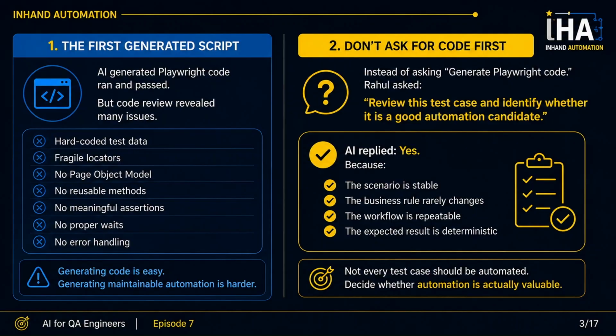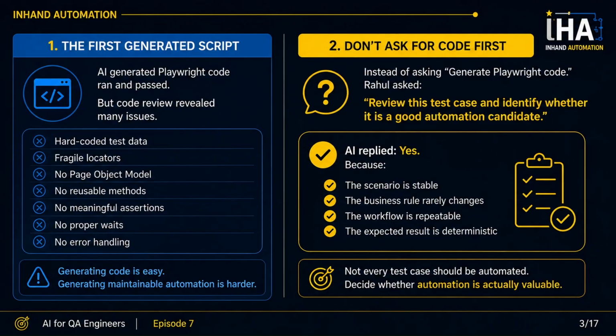So Rahul realized that yes, I cannot give this code to my manager. What he understood is that we should not directly ask the AI to generate code for the test cases. Then what should we do?